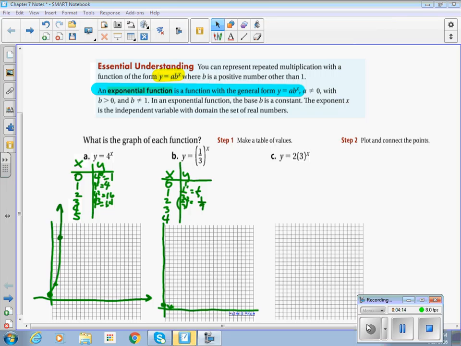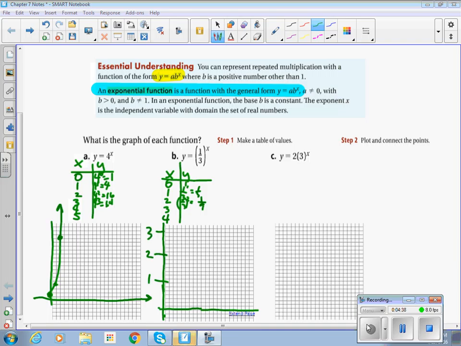Let's work smarter, not harder. Okay, let this be y equals 1, y equals 2, and y equals 3.